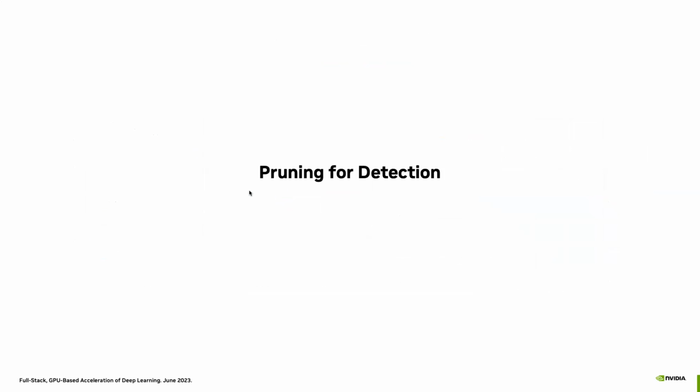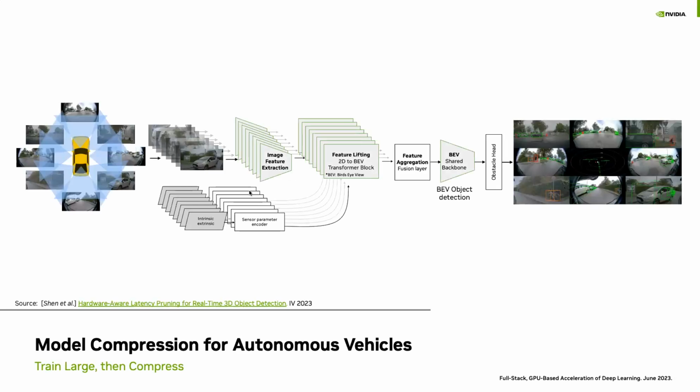Okay, we have shown some results on the classification task. Then let's go to the detection. Here, I'm going to show you an application of real-time 3D detection for autonomous vehicles. This is the pipeline that we applied in our experiment. Basically, the model takes the input from two front cameras, two rear cameras, and 4 fisheye cameras.